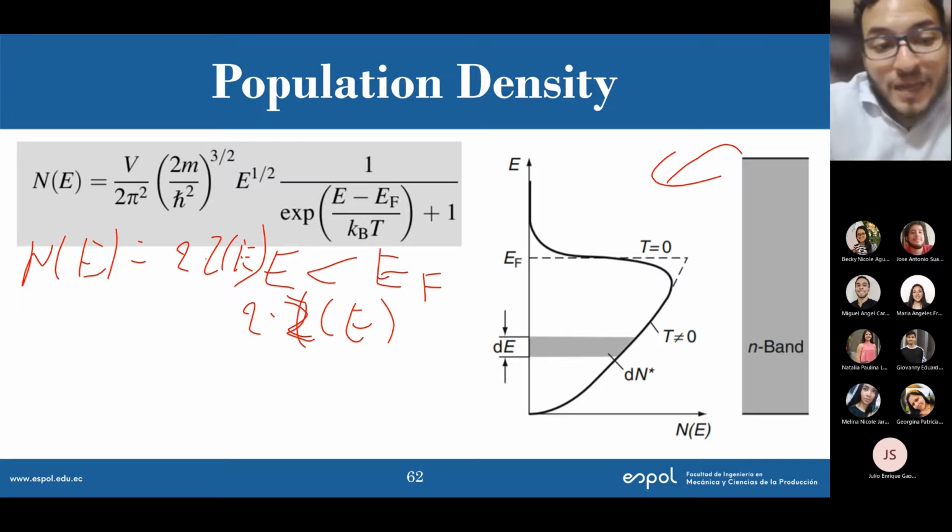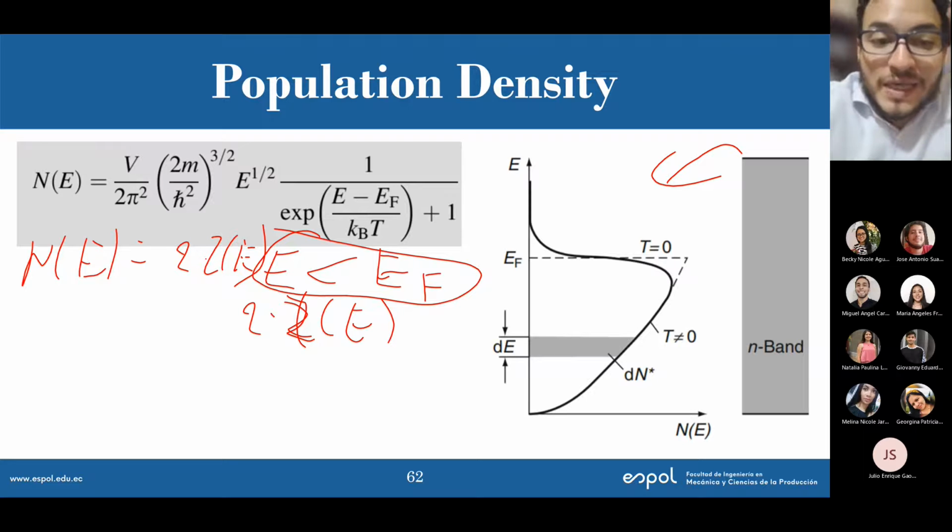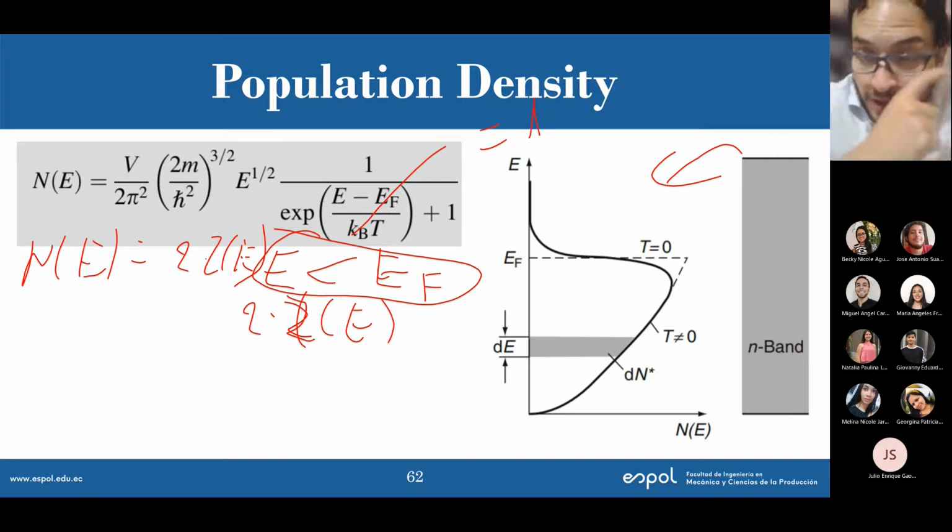Because when I have E less than EF and T is approaching 0, this whole term becomes 1. So that's one case. It just becomes 2 times the density of states.